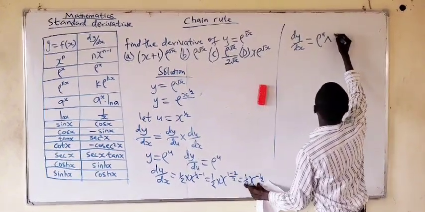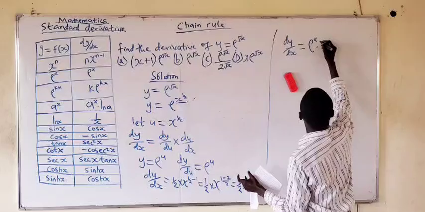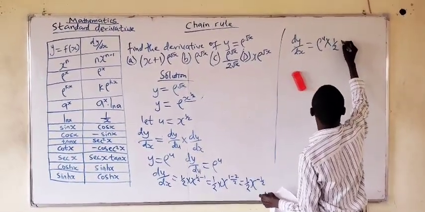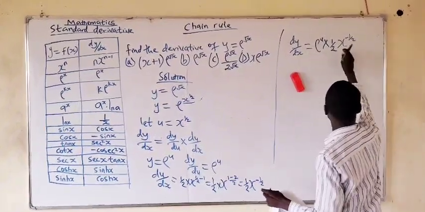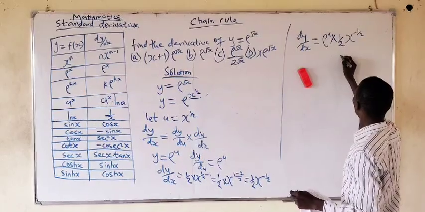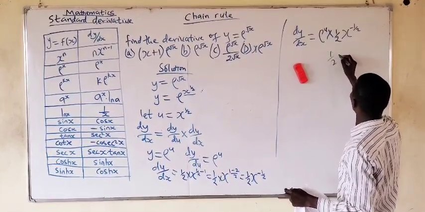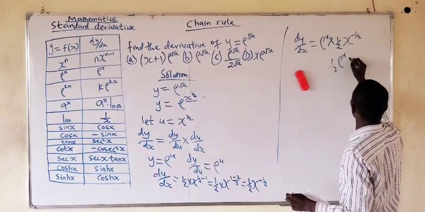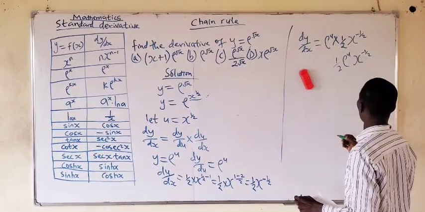This is du/dx: 1 over 2 x raised to the power of minus 1 over 2. So if you multiply these, it will give us 1 over 2 times exponential u times x raised to the power of minus 1 over 2.